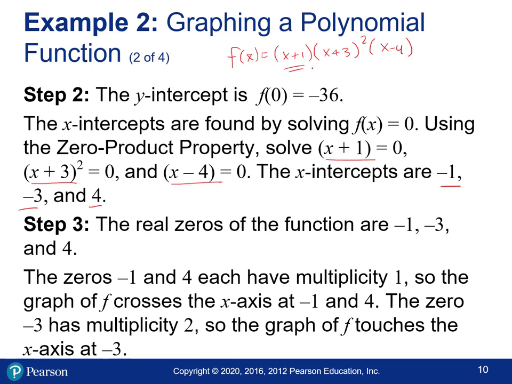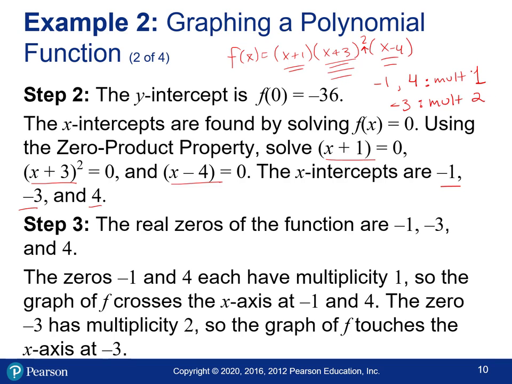So these two factors occurred once, so negative 1 and 4 both had multiplicity 1. Okay, they both had multiplicity 1, which we stated down here. And then this factor occurred twice. Okay, so negative 3 had multiplicity 2.